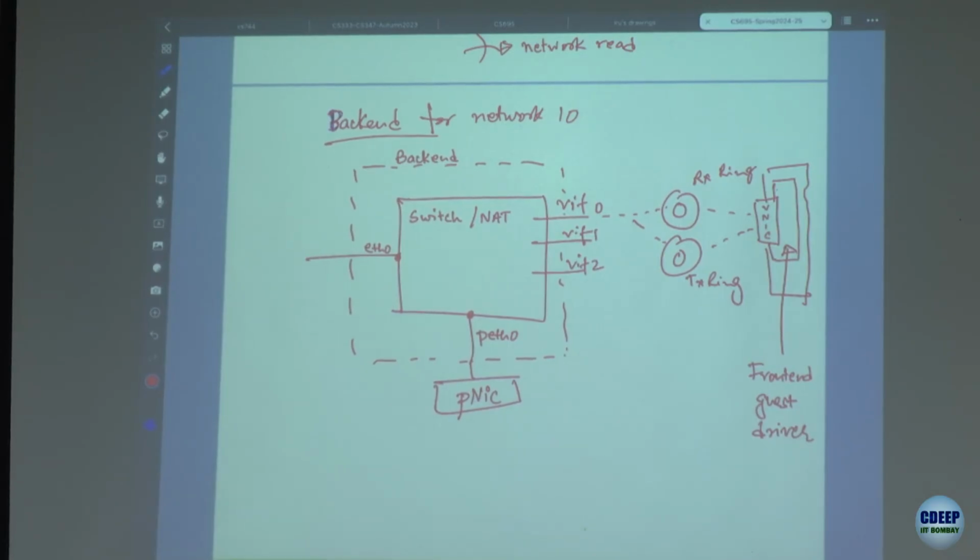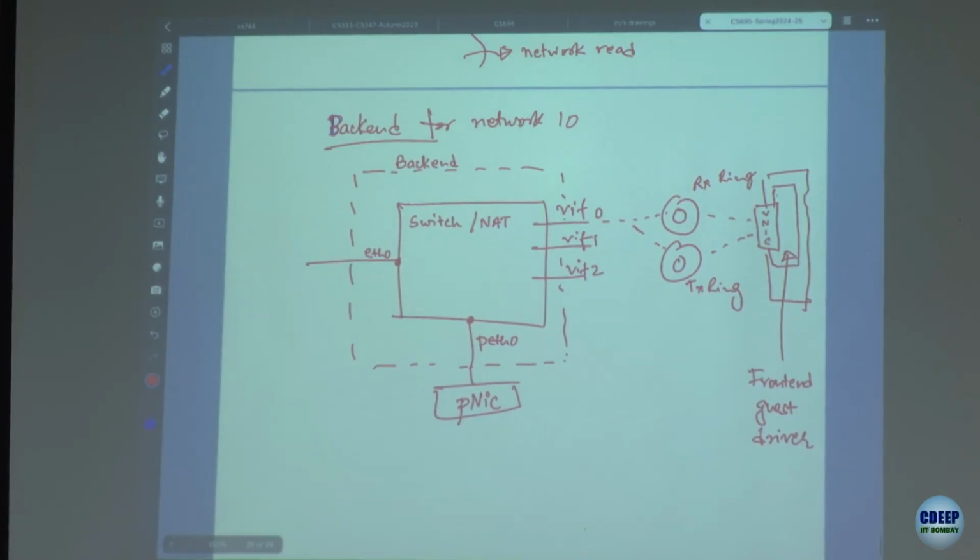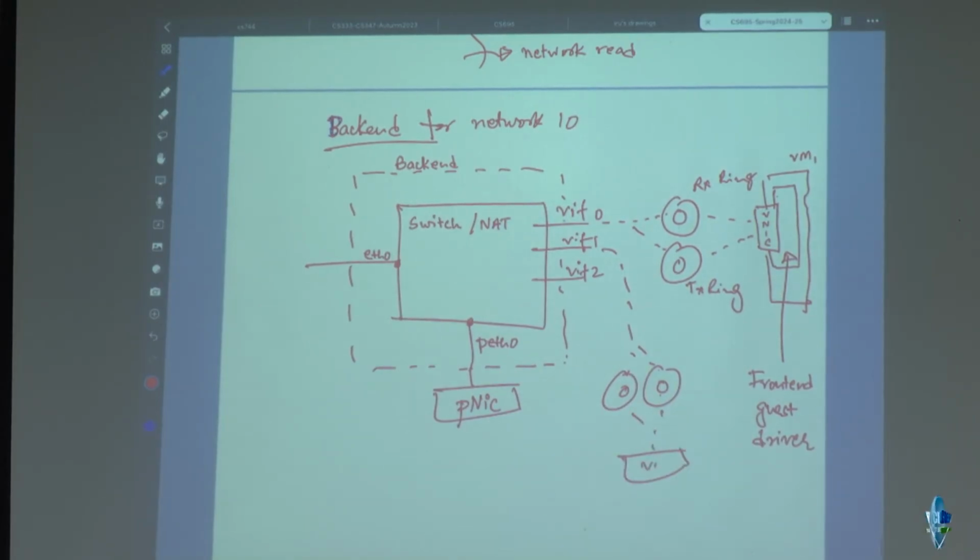Basically, if you are doing network I/O at the back end, you will have many interfaces. As someone was asking earlier, this is say VM1. If there's another interface, then you are connecting to another set of queues which map to VM2.